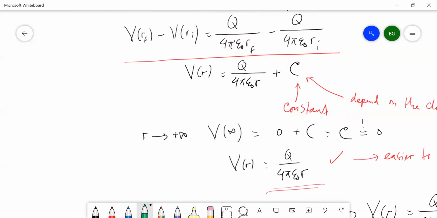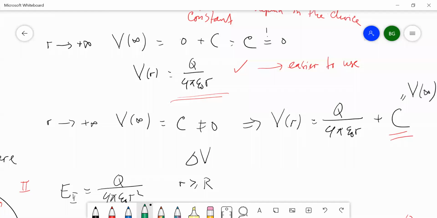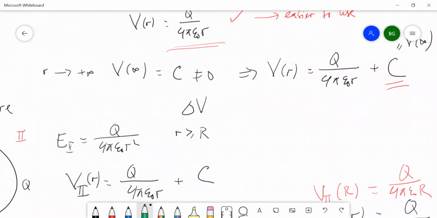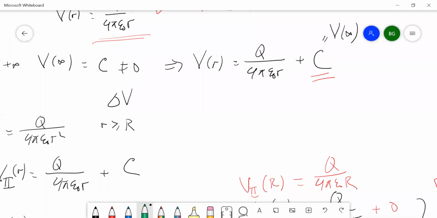Misalkan di tak hingga potensialnya 0, sehingga C-nya sama dengan 0, dan bentuk potensialnya menjadi seperti ini. Kalau saya ambil sembarang, tidak 0, ada C di sini. C itu bebas, tergantung kita, dalam hal ini bergantung pada persoalannya.